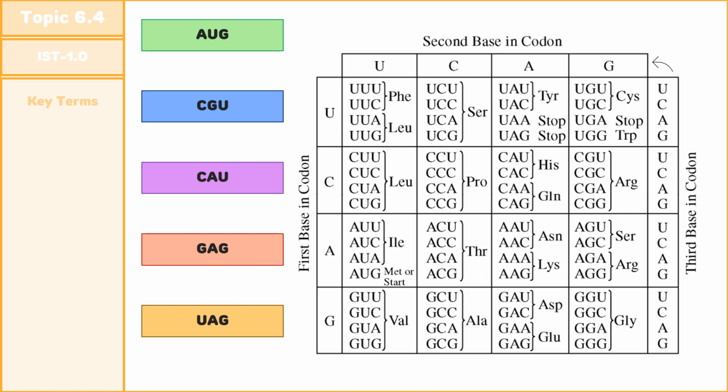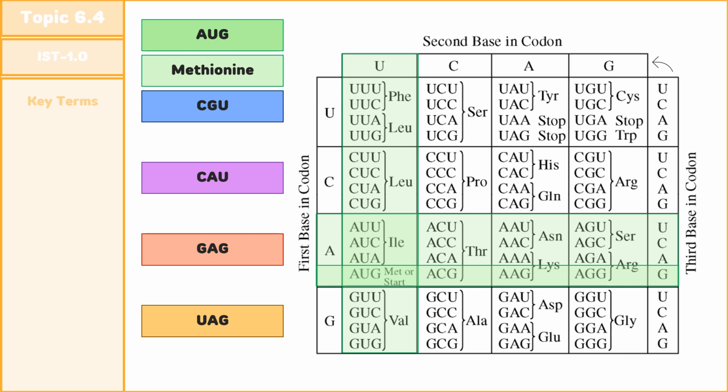So let's take a look at one of these codons that we have here in our sequence. Let's say we wanted to figure out which amino acid would code for the sequence AUG. So what we're going to do is we're going to find each of our letters. We're going to go A for our first base, so we know that it's in this row. We have U for our second base, so we know that it's in the first column.